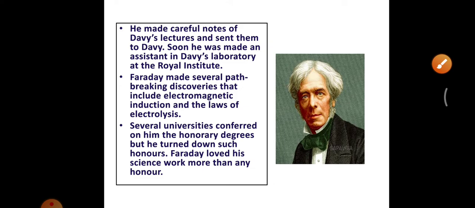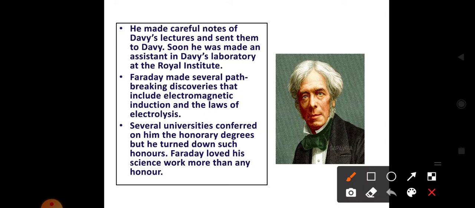Do you understand who Michael Faraday is, what he discovered, where he worked, what he did? He worked as an assistant in Davy's laboratory at the Royal Institute. He discovered electromagnetic induction and the law of electrolysis.